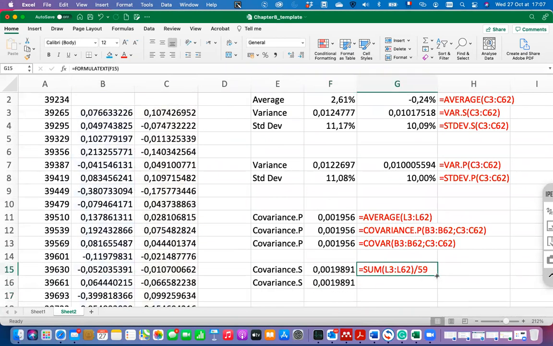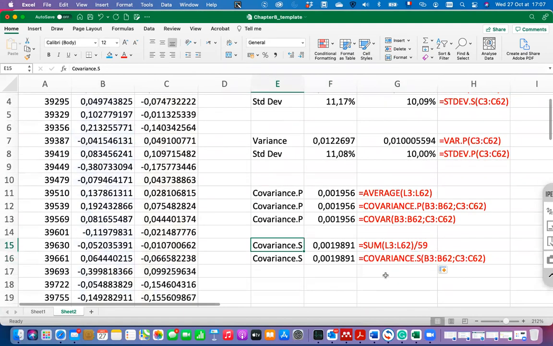And that's it. So there is a slight difference between the two numbers, whether we consider a population or a sample. The covariance reflected as a number or percentage? As a number. It doesn't matter. The most important thing is we have to check if it's higher than 0, lower than 0, positive or negative.